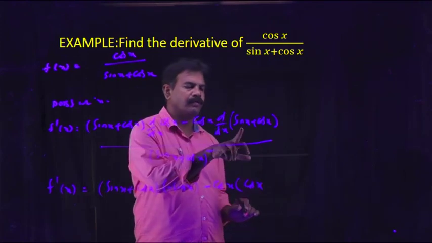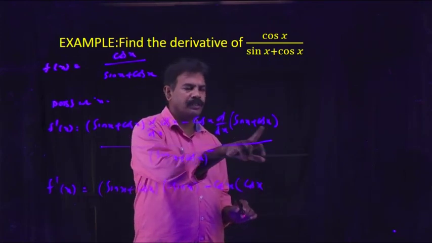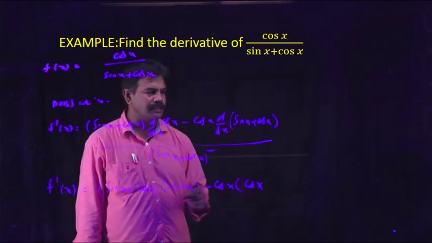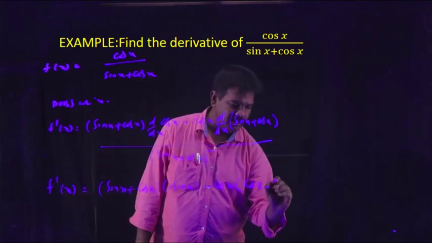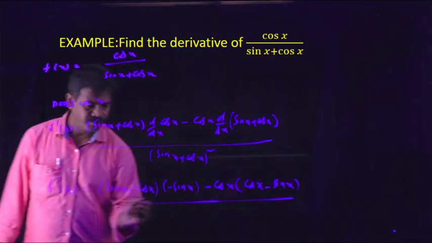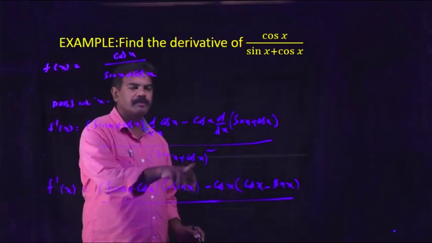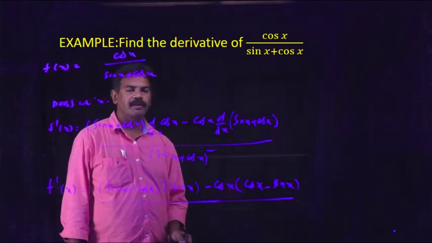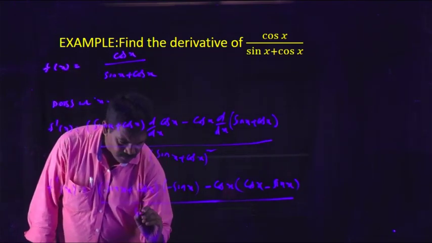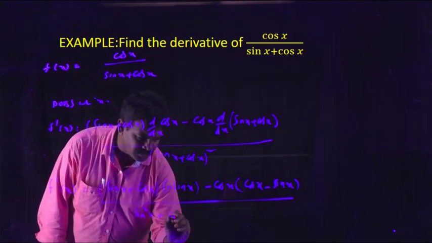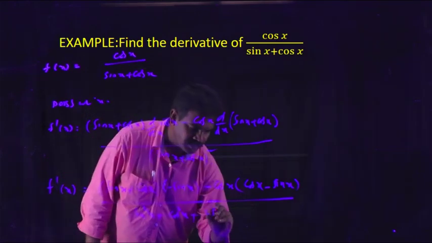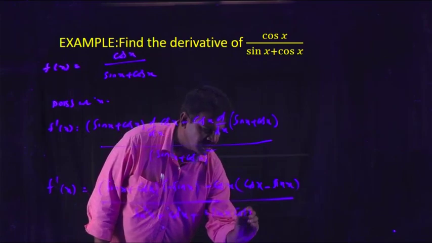The sum d/dx(u + v) is du/dx + dv/dx, so the derivative of sin x is cos x plus the derivative of cos x, which is −sin x. The denominator is in the form (a + b)². We know the formula for (a + b)²: a² + b² + 2ab, that is sin²x + cos²x + 2 sin x cos x.